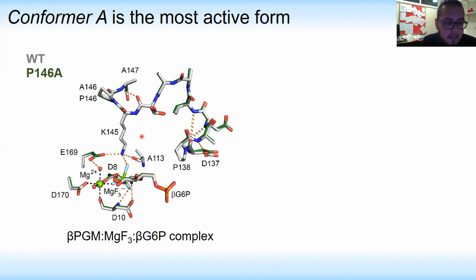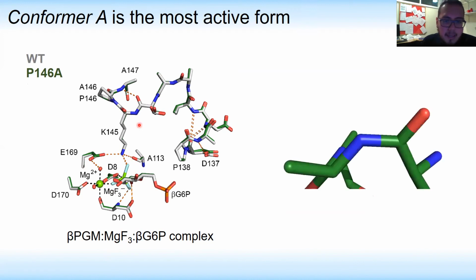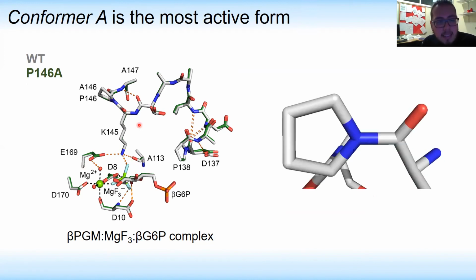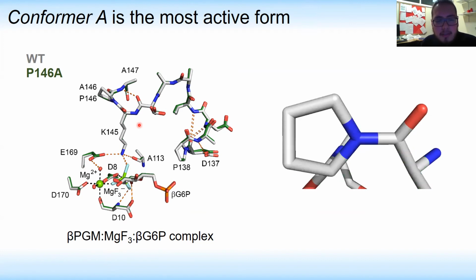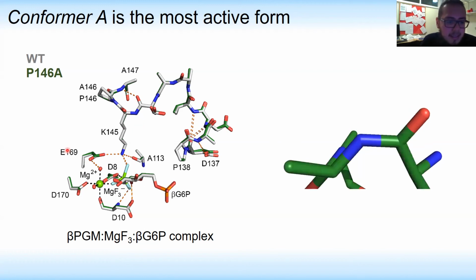What we saw in the crystal structures is that they look basically the same. They look so much the same that there's a cis alanine as well as a cis proline in there. A cis alanine is a 1,000-fold stabilization of a really high energy conformation, but PGM just doesn't care. It just wants a cis alanine in there, and it has a cis alanine in there.